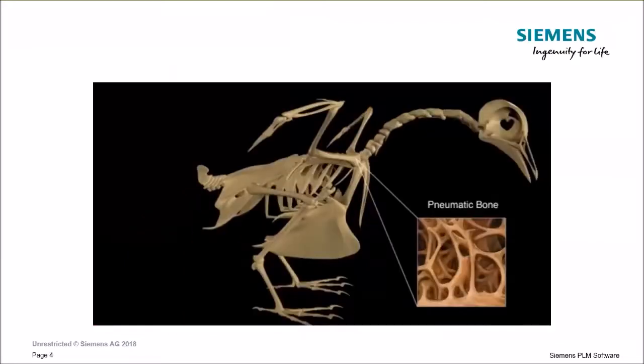And another very interesting optimization or modification Mother Nature did to the skeletal system of birds is the bone itself. Most of them are hollow. It's called pneumatized bones. It means bubbles of air are inside the bones, but to increase structural strength, there are trusses and struts crisscrossing inside the bones.